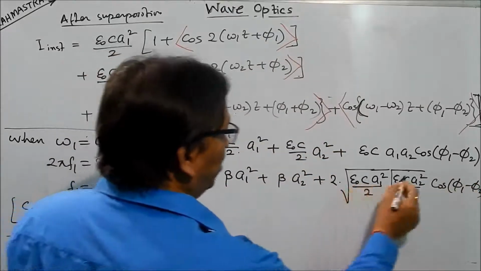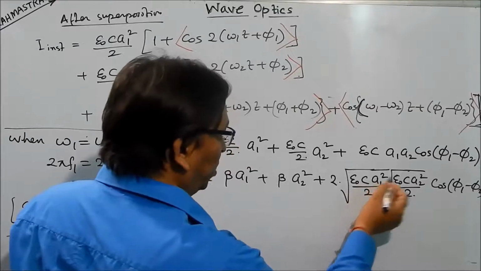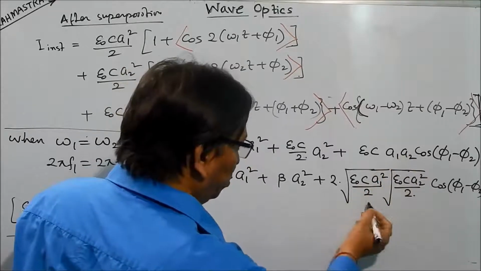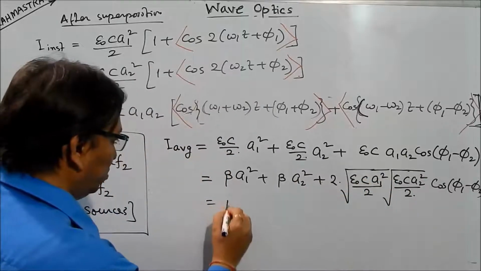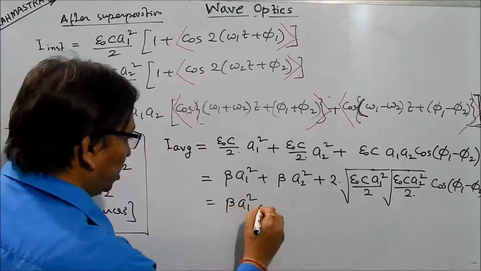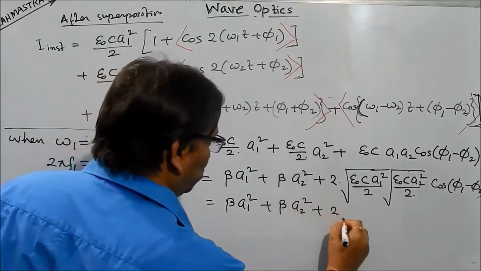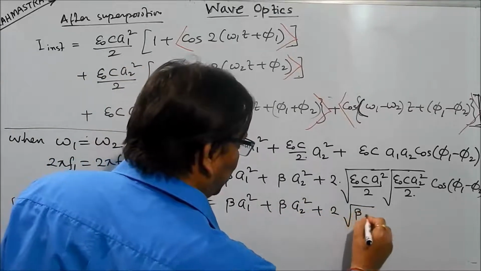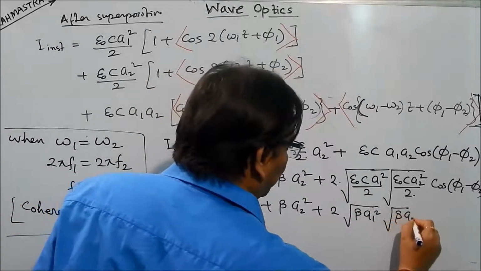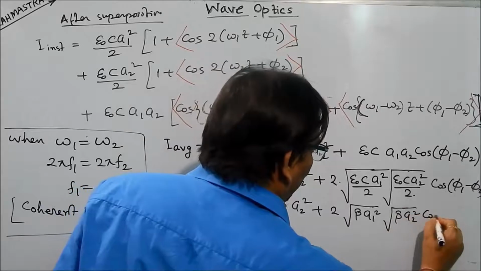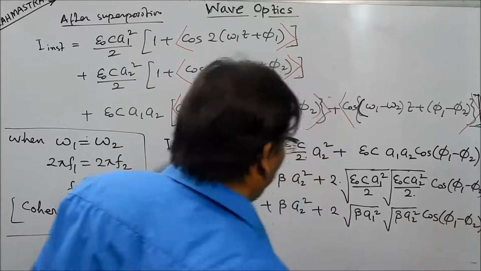Now see, if I make the product, then it will be epsilon naught c and this will be a1 a2 and by 2 and 2 is cancelled. So this thing is again, you can write this is equal to beta a1 square plus beta a2 square plus 2 root under beta a1 square root under beta a2 square and cos phi 1 minus phi 2.